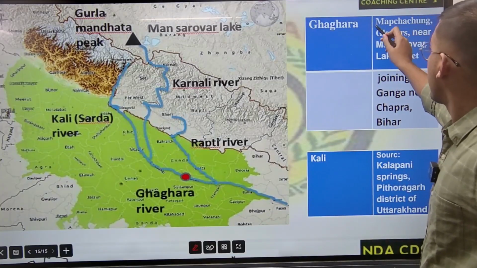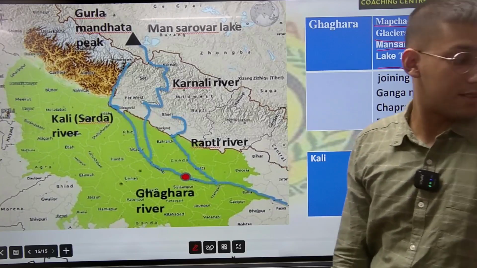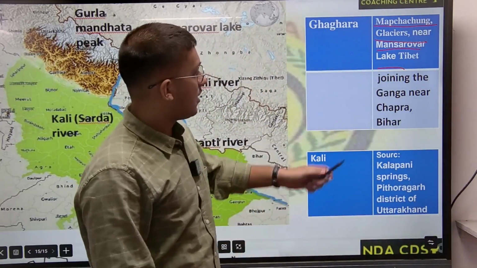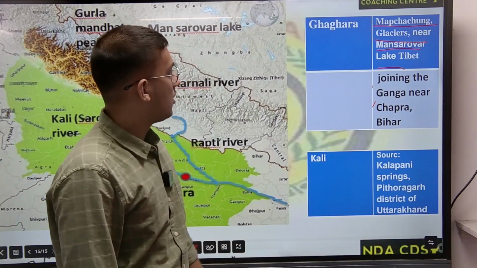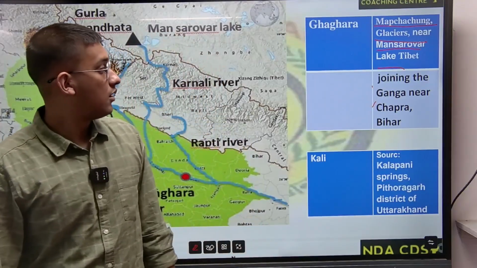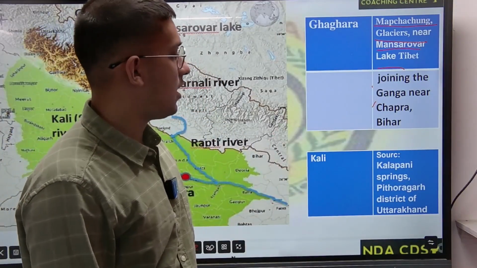It starts at Mapchachung Glacier near Mansarovar Lake in Tibet, right? It joins the Ganga at Chapra in Bihar. So Ghagra starts at Mapchachung Glacier near Mansarovar Lake in Tibet and joins Ganga near Chapra in Bihar.